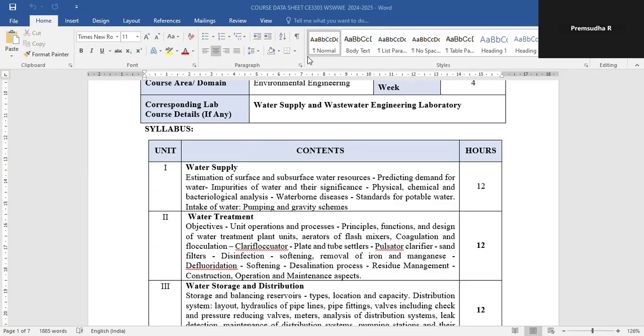The first unit covers water supply. Here you can see the estimation of surface water and subsurface water, predicting demand for water, and impurities present in the water, physical, chemical and biological analysis, waterborne disease.